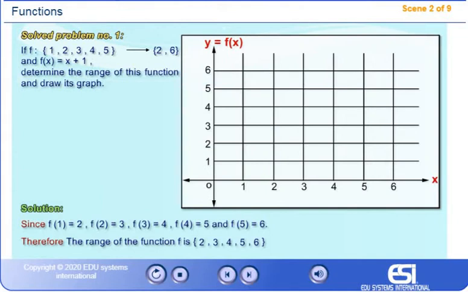This graph represents the function f of x equals x plus 1 from the set of 1, 2, 3, 4 and 5 to the closed interval [2, 6].